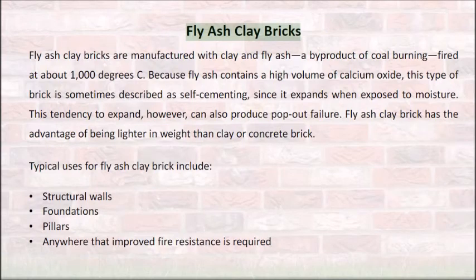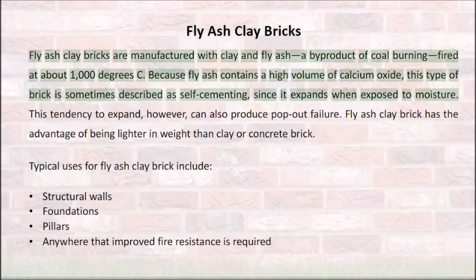Fly ash clay bricks. Fly ash clay bricks are manufactured with clay and fly ash, a byproduct of coal burning, fired at about 1000 degrees Celsius. Because fly ash contains a high volume of calcium oxide, this type of brick is sometimes described as self-cementing, since it expands when exposed to moisture.